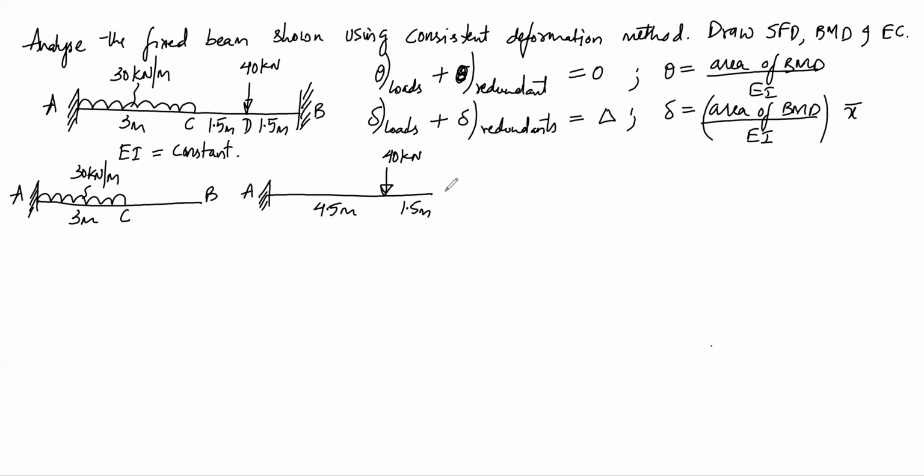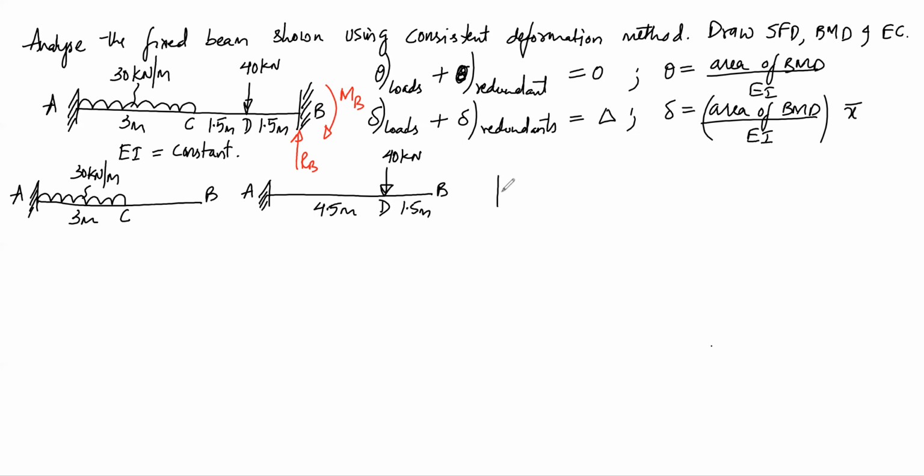This is point A, point B, and this is point D. And let us choose the redundants as reaction at B and moment at B. The direction of the redundants is your choice. It can be taken in any direction.